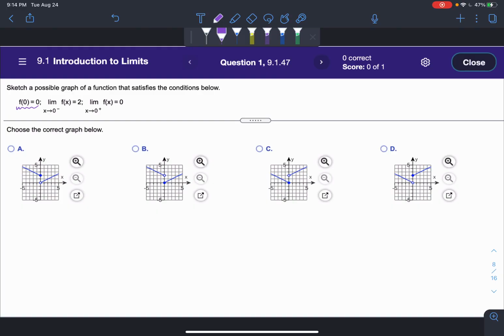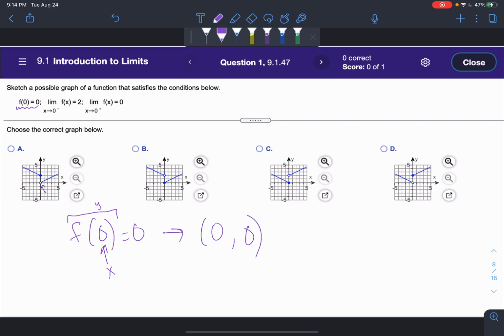have this quality. So if I have f of 0 equals 0, this translates to an x value of 0, and then this is my y. So then I should have this point on the graph, 0, 0, which is our origin. So if we look at A, we notice that it's not filled in at 0, 0.